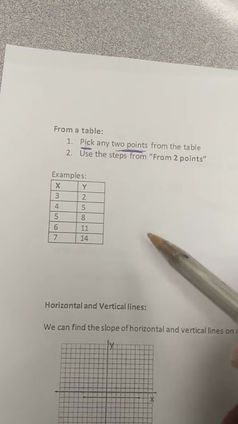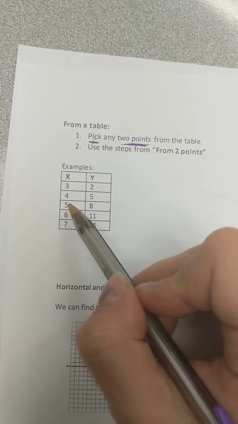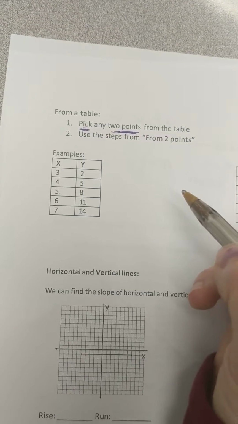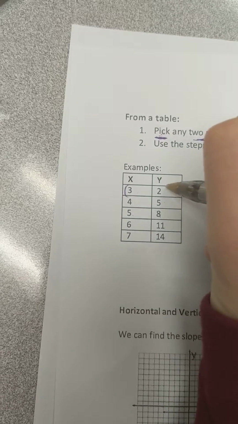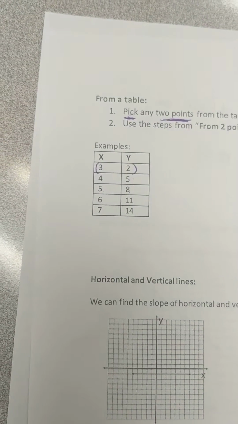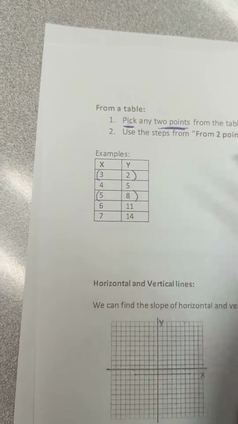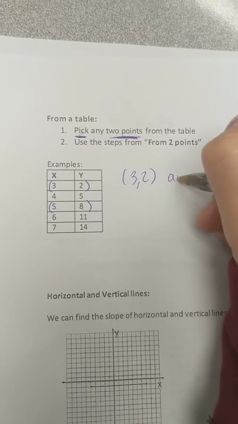So when I look at my table, I have the coordinate point 3, 2. I have the coordinate point 4, 5. I have the coordinate point 5, 8. So pick a pair of coordinate points. If you want to pick 3, 2, that's a coordinate point. And then maybe you want to pick 5, 8. That's a coordinate point. So you're dealing with 3, 2 and 5, 8.